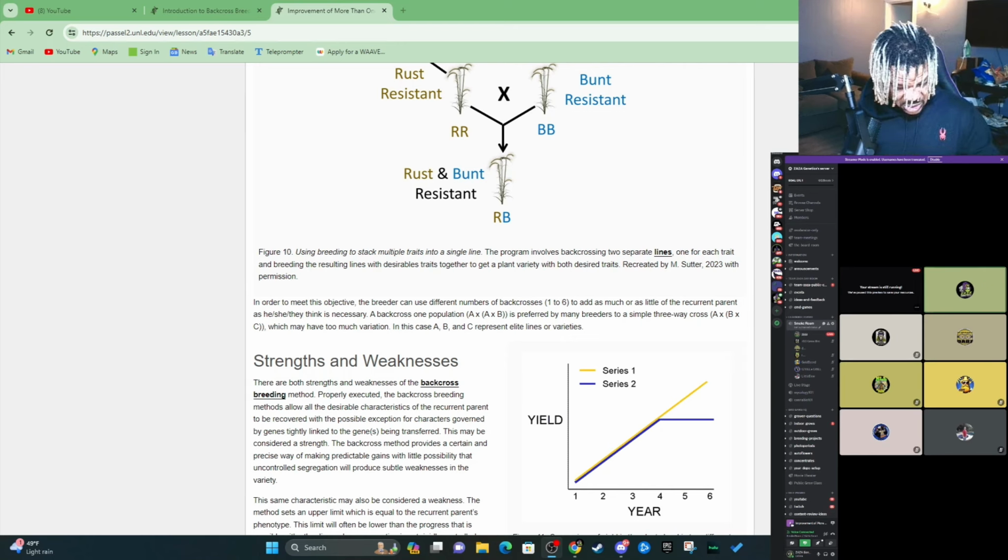Those traits are exactly what they're going to be, and that's the upper limit. You can't get better than the parent, and that's what they're saying right there. It sets that limitation on you.